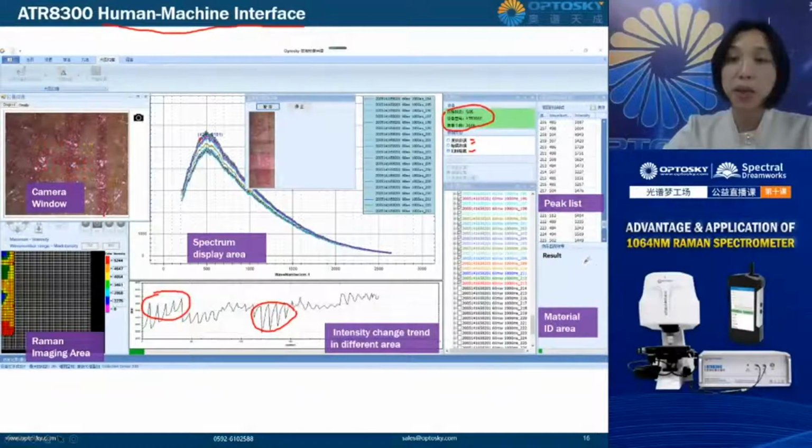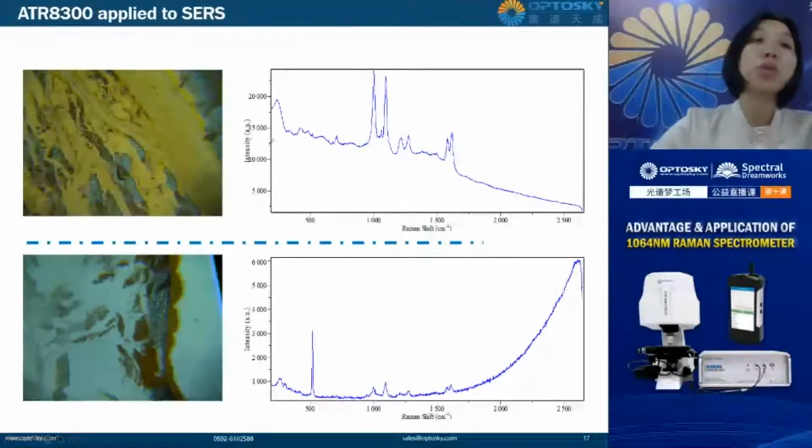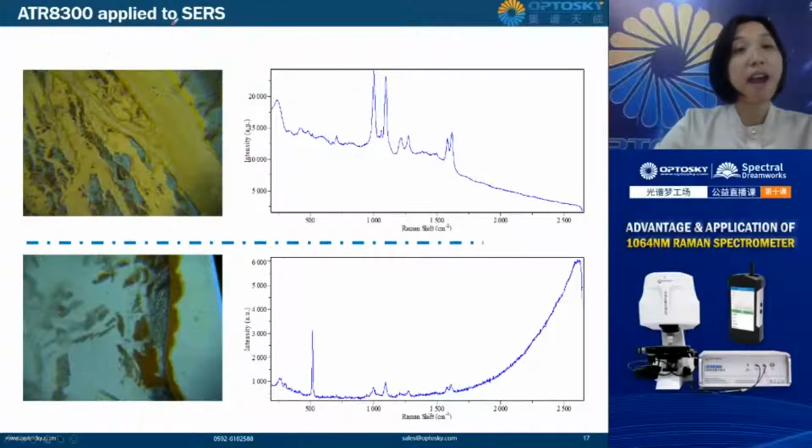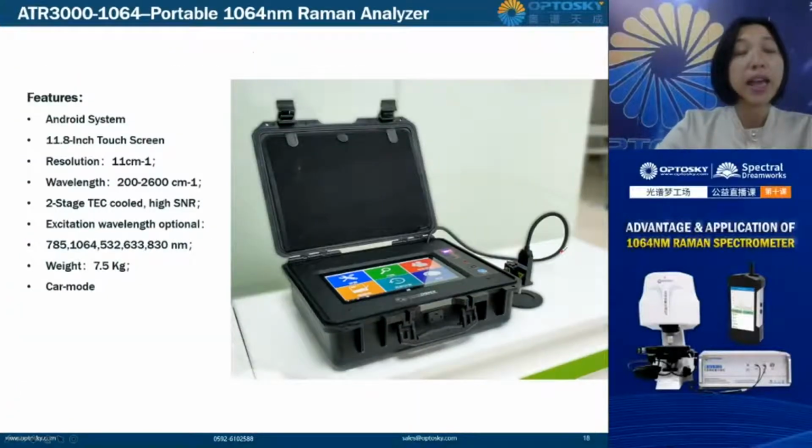And also here you will see the material test result. Which material is this? And also we have an ATR 83 ATR Raman microscope used to search this embroiled metal rings, and this is the spectrum.